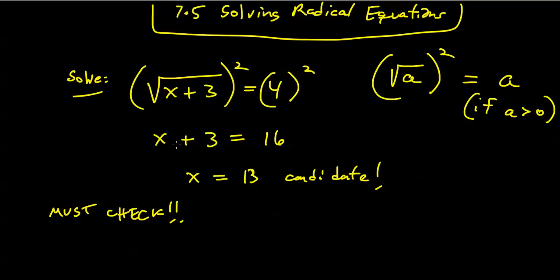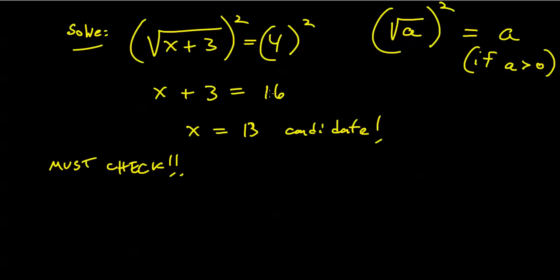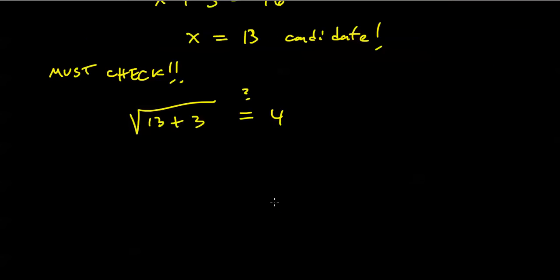Right, the idea here is when I square both sides of an equation, I may be introducing extraneous, or what they sometimes call false roots, into the equation, as we'll see. Alright, so you must sub your answer back in to check. So if I take the square root of 13 plus 3, plugging in 13 for x, is that a true statement?